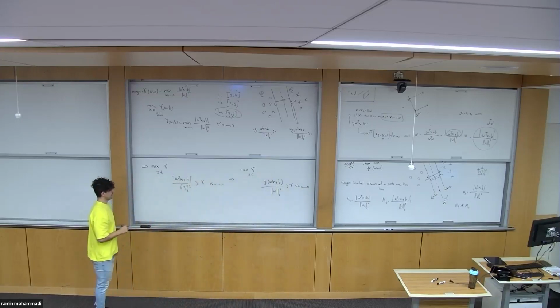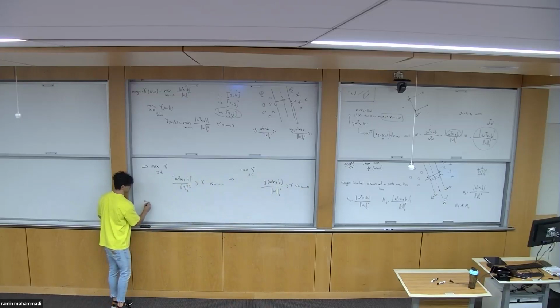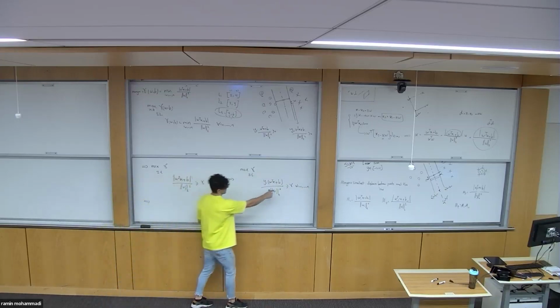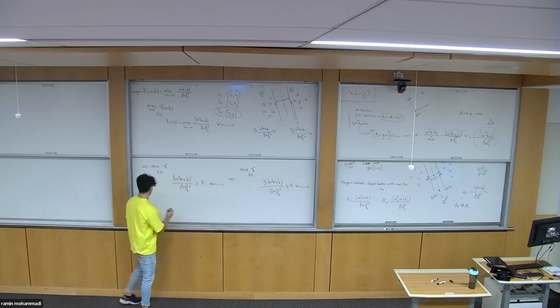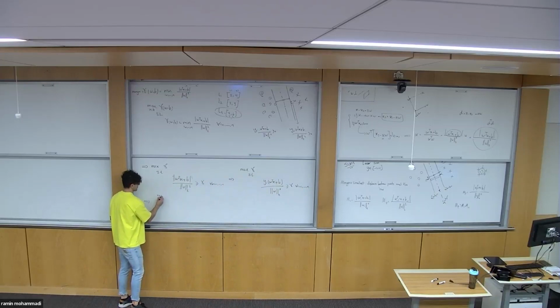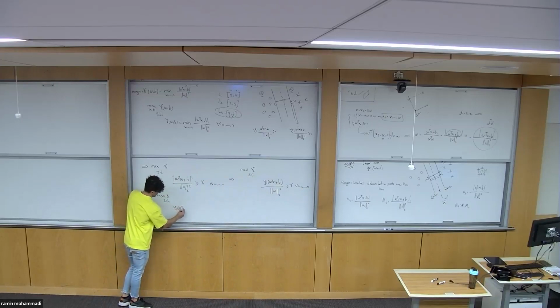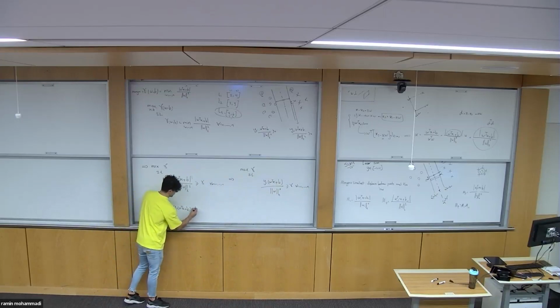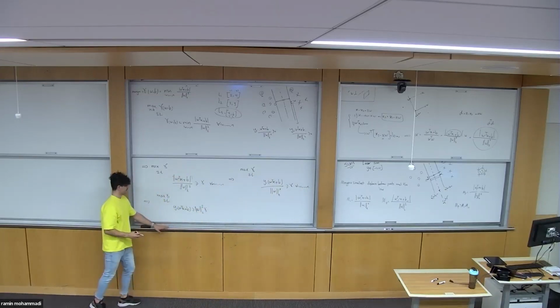So, next, I can just multiply that by cross multiplication, subject to yi W transpose xi plus b greater than or equal to.